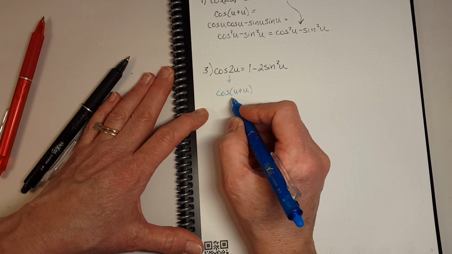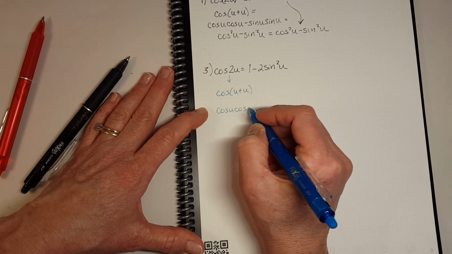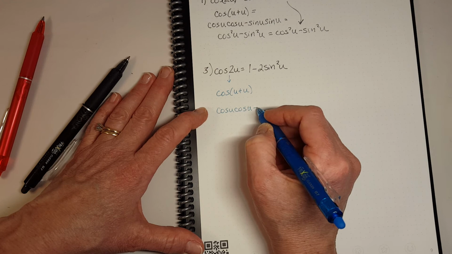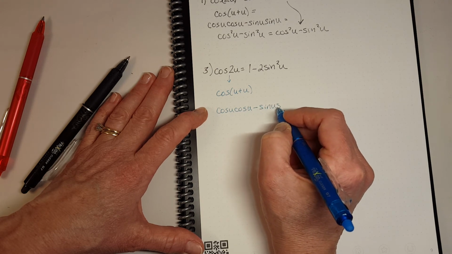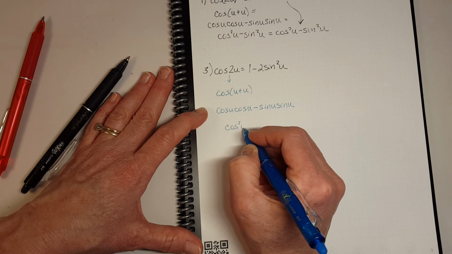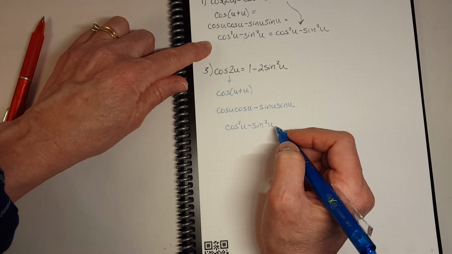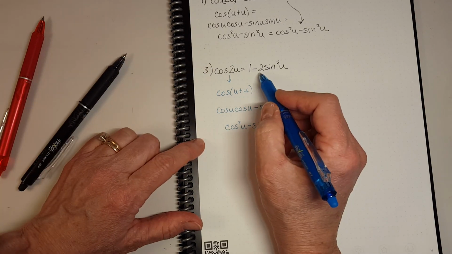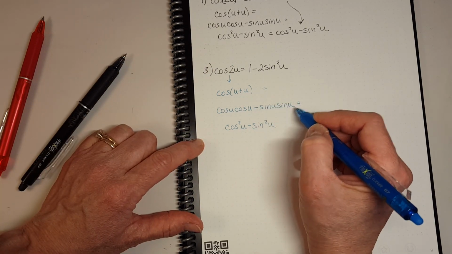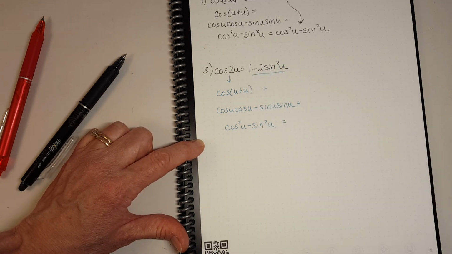And then we're going to use the sum and difference identity. So that's equal to cosine of u, cosine of v, but v is u, minus sine of u, sine of v, but v is u. And so that's going to equal cosine squared u minus sine squared u. So we're back to where we were in the problem above. But I want it to be 1 minus 2 sine squared u. When I'm done with this proof, I want it to equal this side, 1 minus 2 sine squared u.